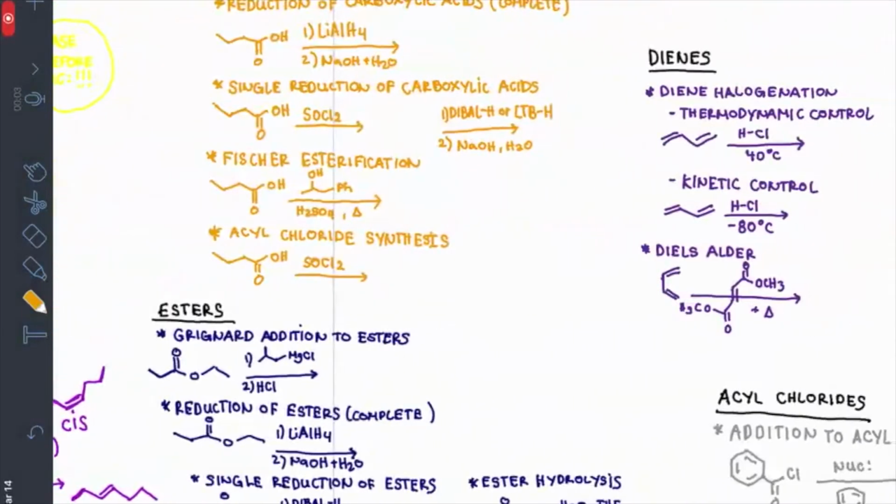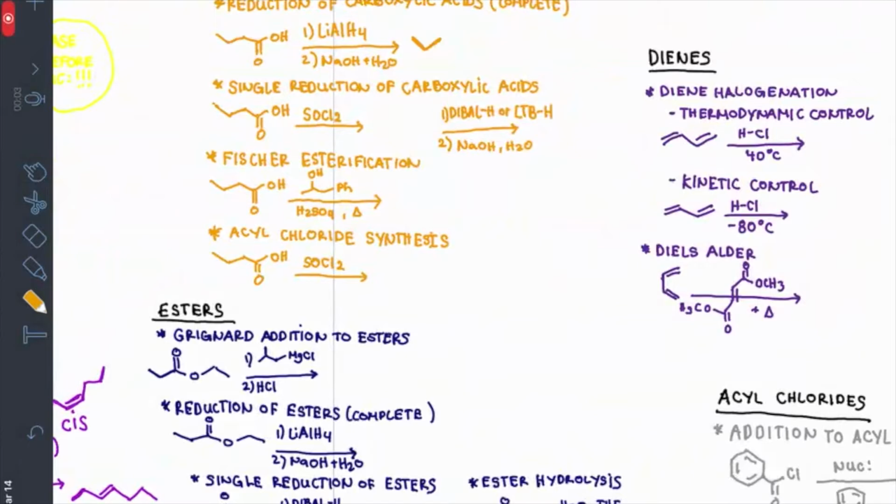Now let's go to carboxylic acids. So with carboxylic acids, the first thing is the reduction of a carboxylic acid. So with reductions, we're essentially taking the carbonyl and all the oxygens, and we're going to replace them with hydrogens, okay? And so that is a reduction.